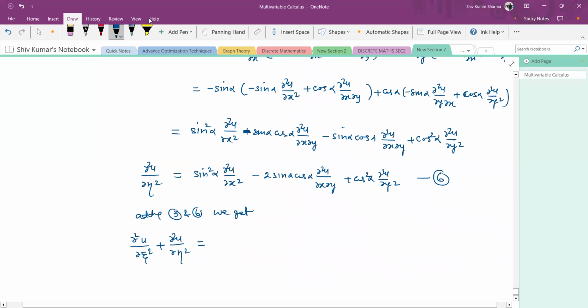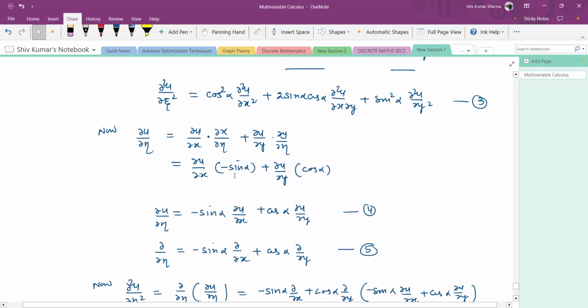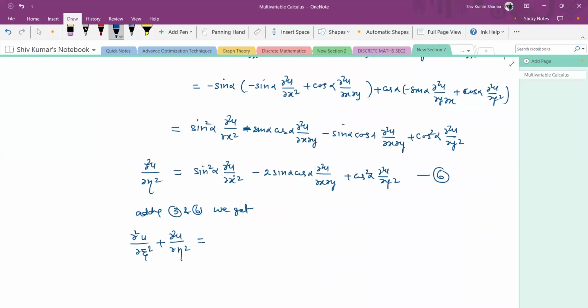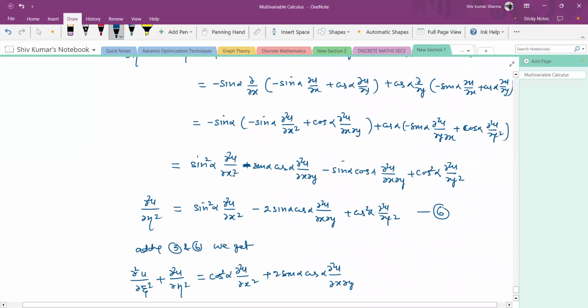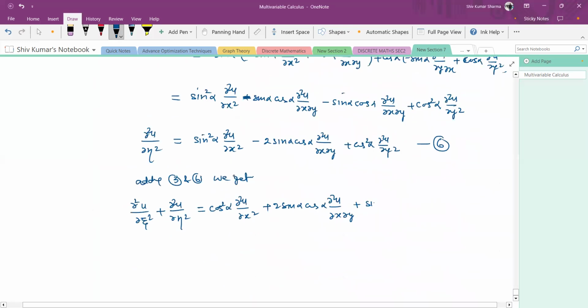The first term of equation 3 is cos square alpha into del square u upon del x square, plus 2 sin alpha cos alpha del square u upon del x del y, and the third term is sin square alpha del square u upon del y square, plus sin square alpha del square u upon del x square minus 2 sin alpha cos alpha del square u upon del x del y, plus cos square alpha del square u upon del y square.